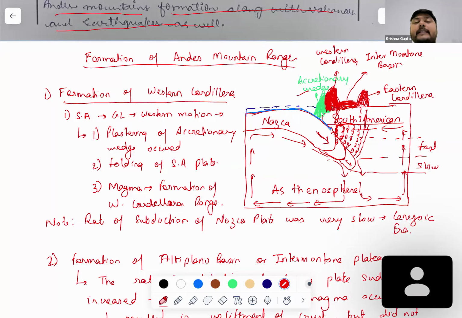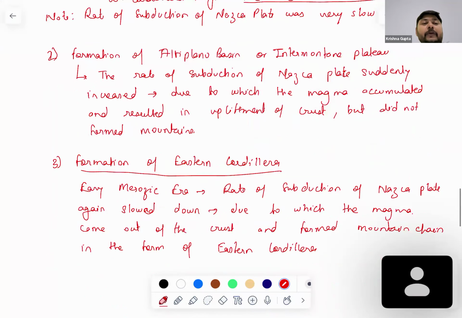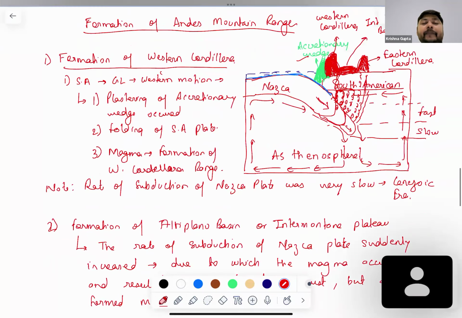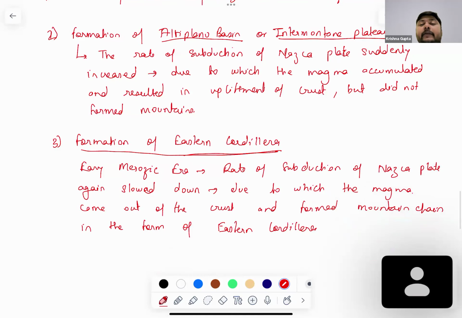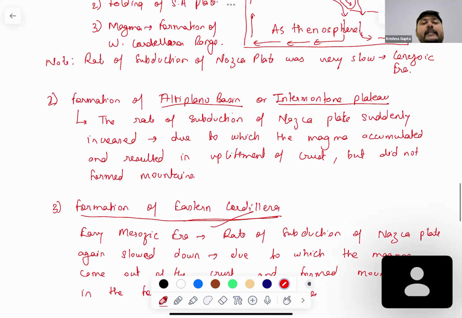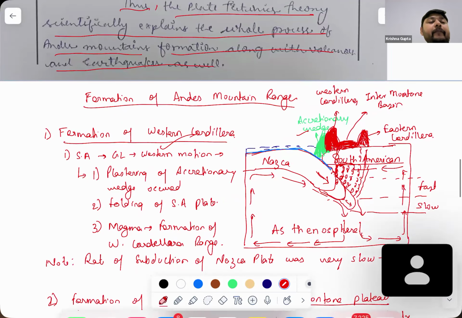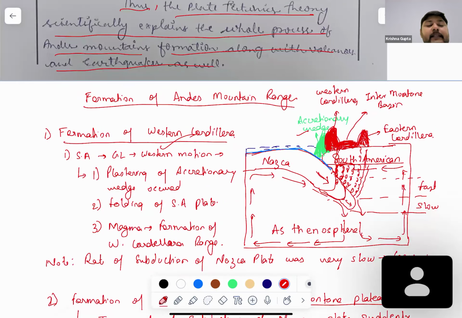So in this way, we see the formation of the Western Cordillera, the Altiplano Basin or the Intermountain Plateau, and the Eastern Cordillera. So this is the concept given by plate tectonics for the formation of the Andes mountain range.